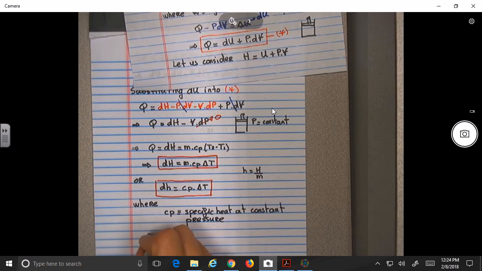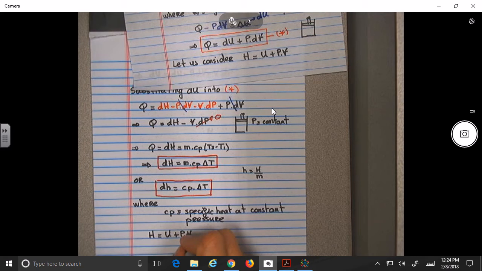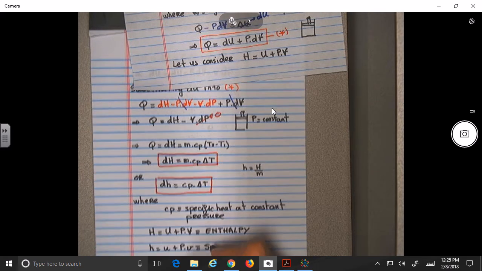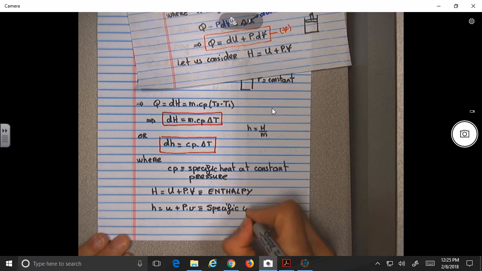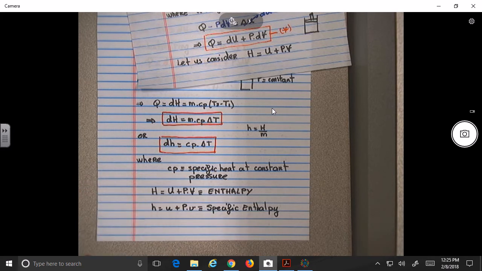Okay, and H over here, U plus PV, is what is known as the enthalpy. Okay, and little h equal to lowercase u plus p times specific volume is what? Is the specific enthalpy.